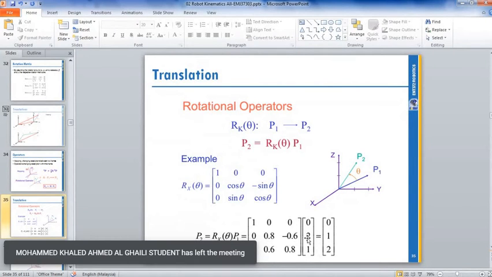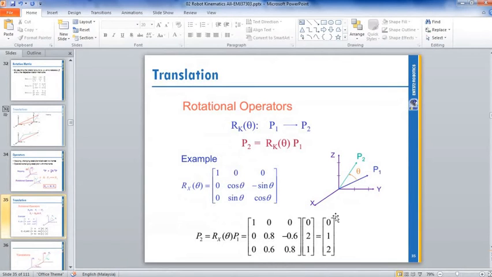So you have Y2, Z1. After you rotate, you multiply by the rotation matrix, and you will get the point 2 position or coordinate. So when you rotate, you will get Y1 and Z2.